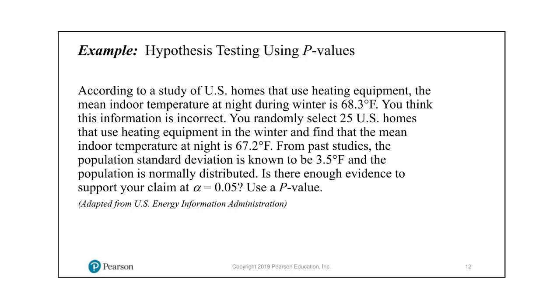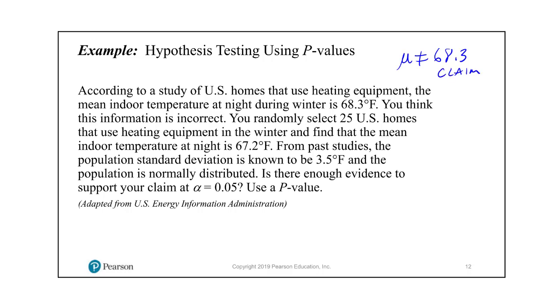Okay, so let's go back. The study says the mean indoor temperature at night in winter is 68.3 degrees Fahrenheit, and you think that's incorrect. So you're actually saying that mu is not 68.3. That's your claim.